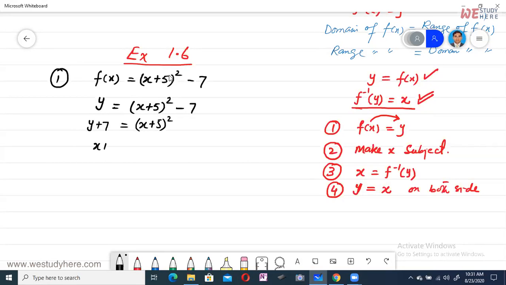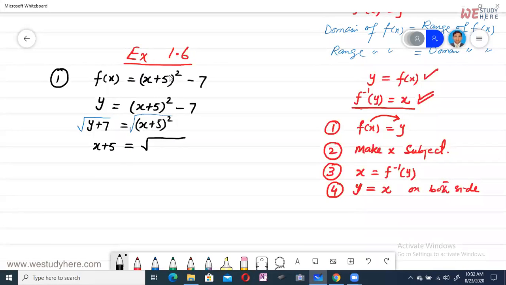It means for simplification, we cancel this square by taking square root on both sides. Then x plus 5 square cancels with square root. x plus 5 will be equal to square root of y plus 7.